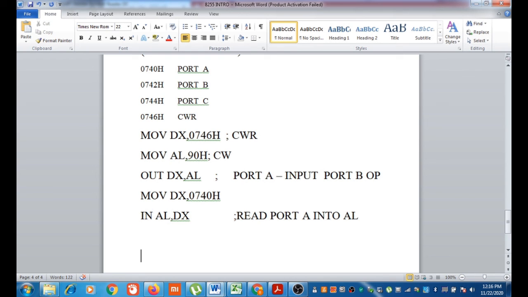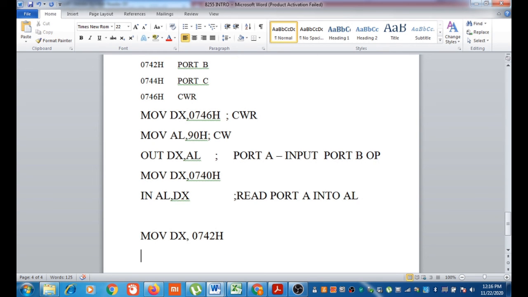Next, you have to write the data to the port into which the LEDs are connected. So port B is our output port. So you have to write the data. Move DX comma address of port B. What is the address of port B? It is 0742H.